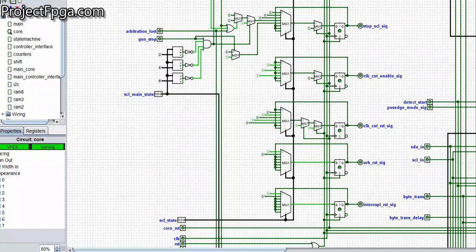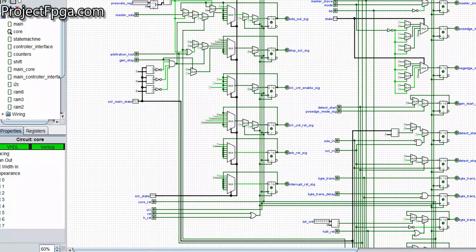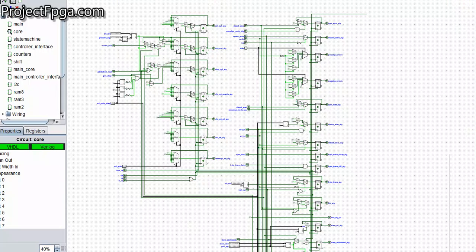We're going to talk about this, so let me highlight it. I want to talk about this particular section.